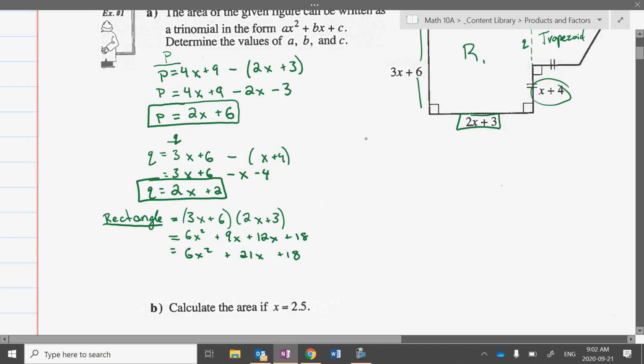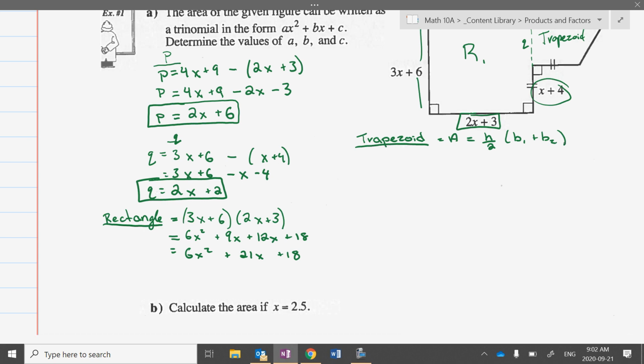Then we have our trapezoid. The area of a trapezoid is equal to the height divided by 2, times base 1 plus base 2. It's basically the top and the bottom of the shape added together. That's how you calculate the area of a trapezoid. That's something that I don't expect you guys to ever have memorized.